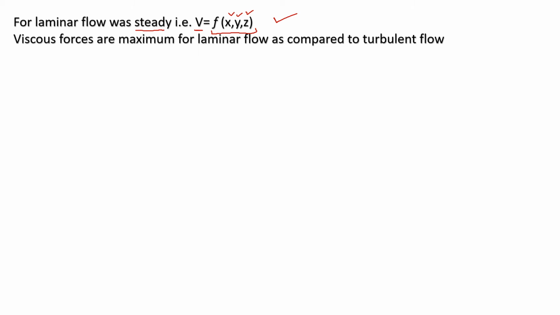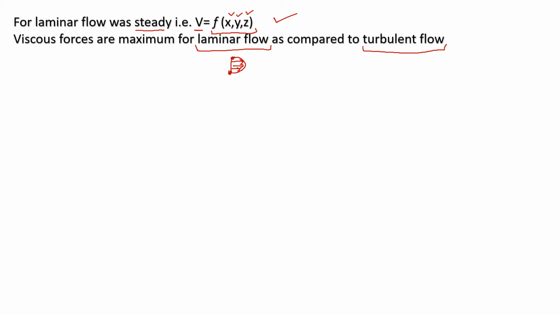And viscous forces are maximum for laminar flow. For laminar flow, viscous forces are maximum as compared to turbulent flow, because as you remember the velocity profile of laminar flow was parabolic, and it was parabolic due to the no slip boundary condition near the walls of the pipe.